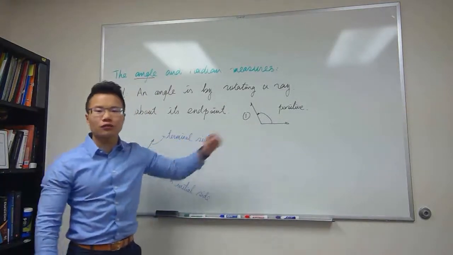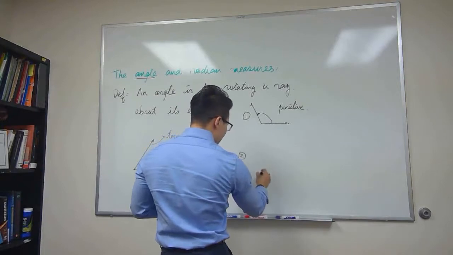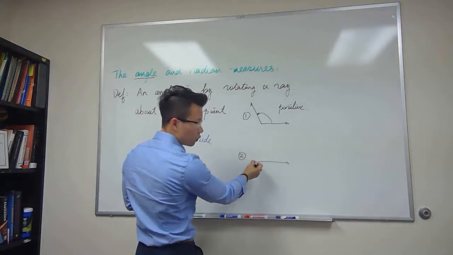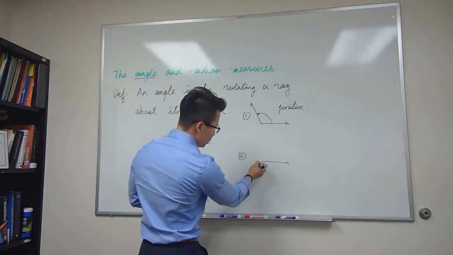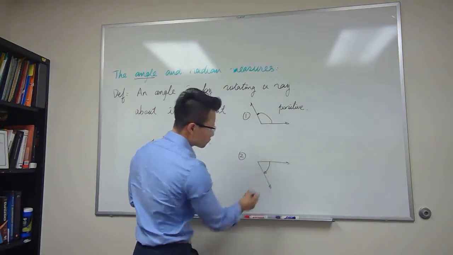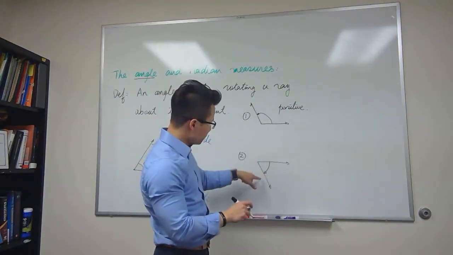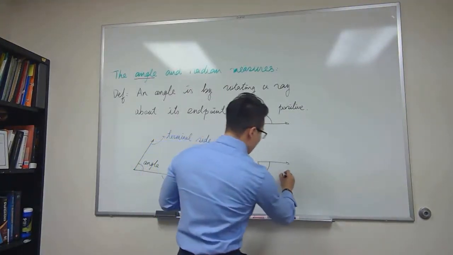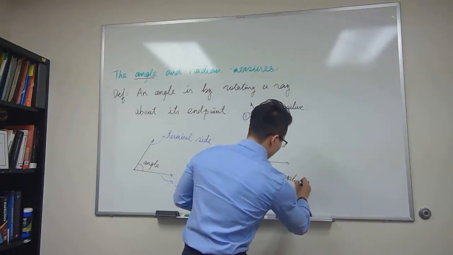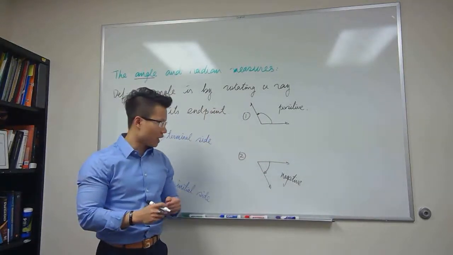For the second case, if we go from this position right here, but go clockwise, going this way, so we end up in here, that is what we call the negative angle. So if we go clockwise, that is called a negative angle.